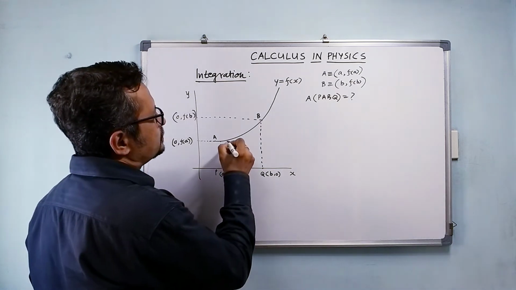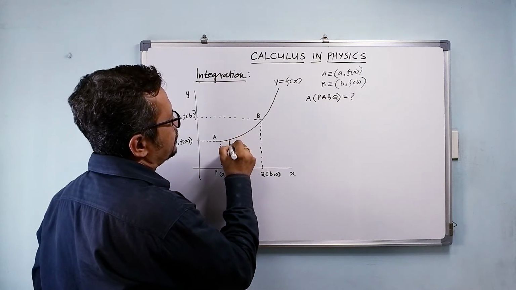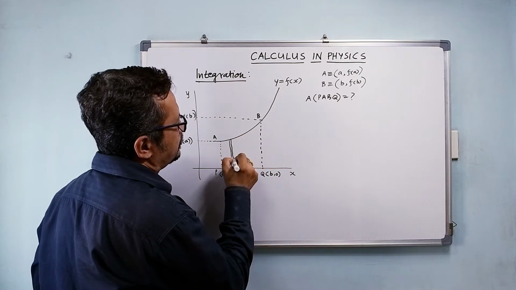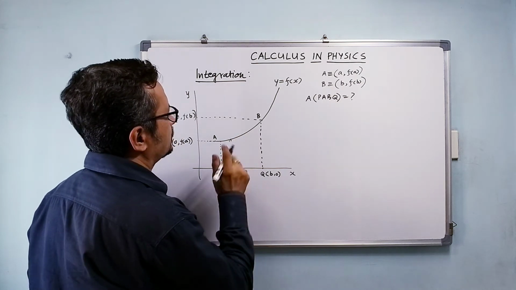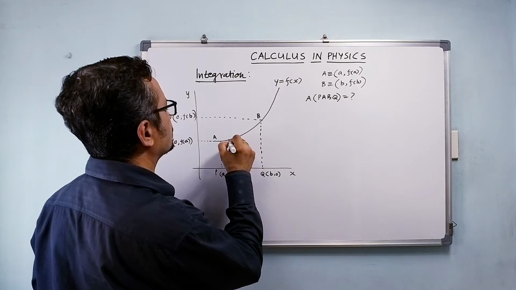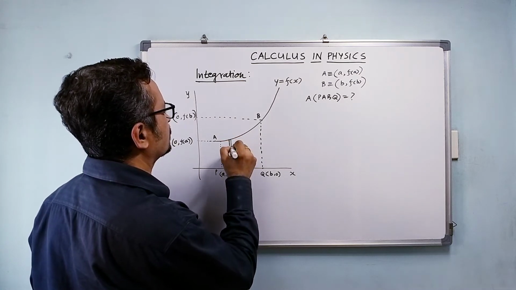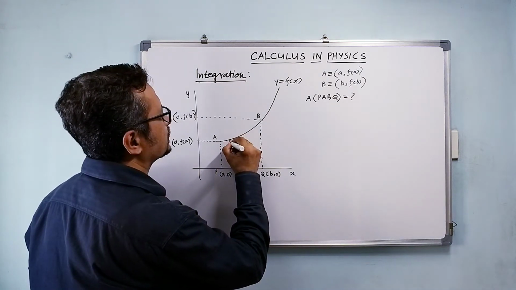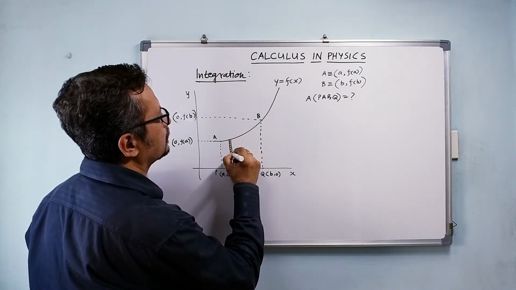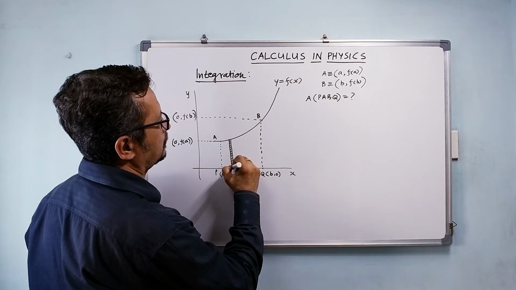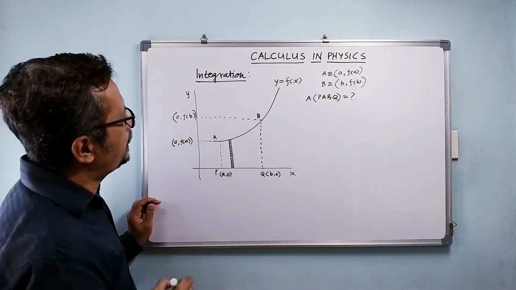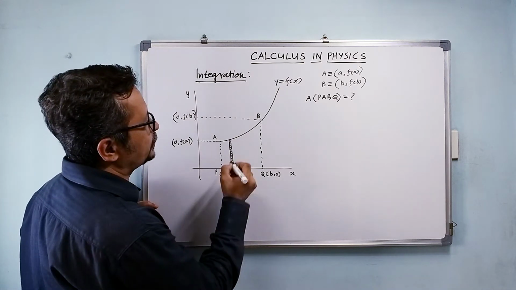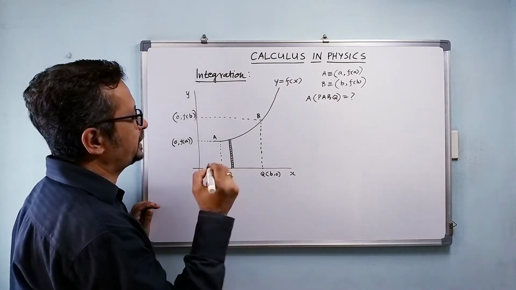So now what do I do? I'll take one small strip. Okay? This is a strip. And one end of this strip, it was PQ, right?